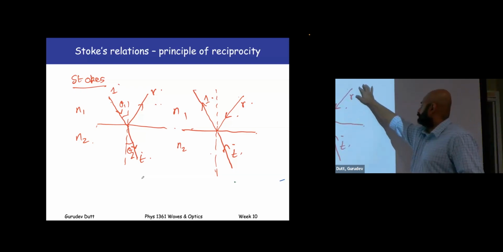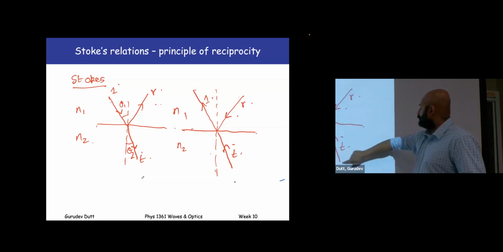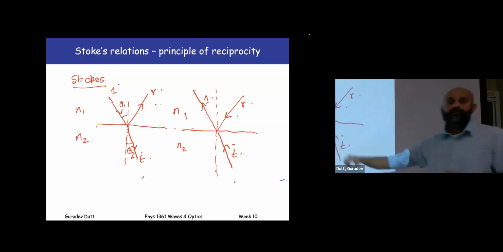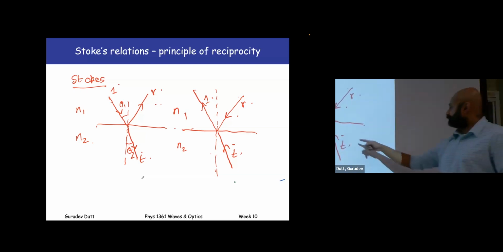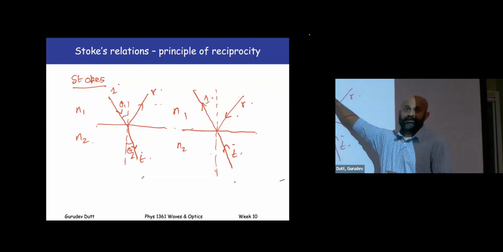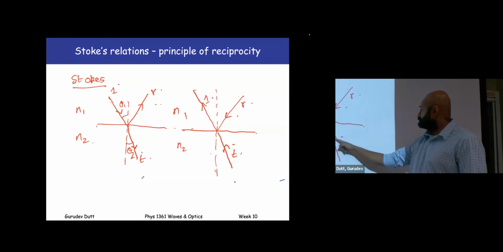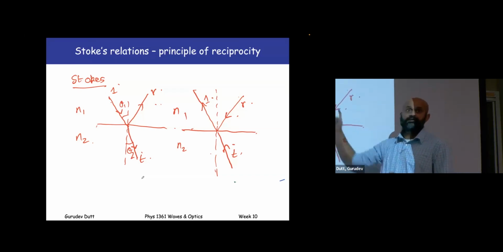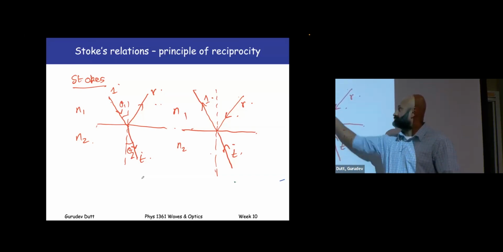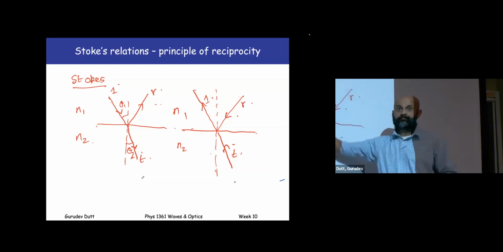Okay. So a beam with amplitude R and a beam with amplitude T must combine to give me the amplitude 1 going backward. Well, if that is true, we know that the Fresnel coefficient of going from n2 into that medium is not T anymore, it's T prime. So this beam will be transmitted with the coefficient T prime in front of it. So it's T times T prime going in this direction.